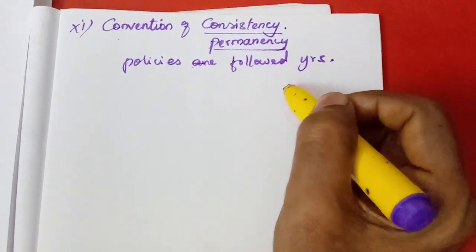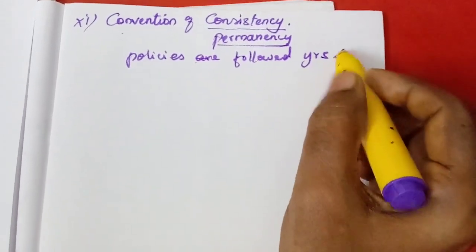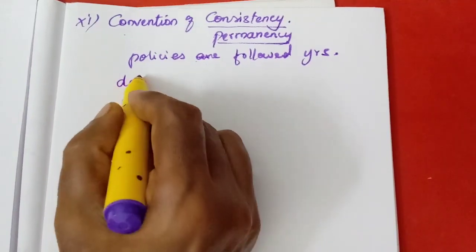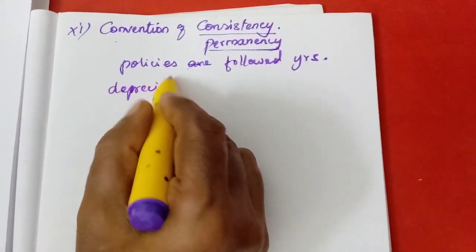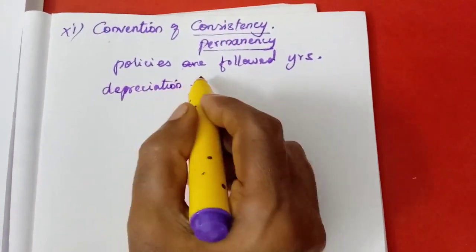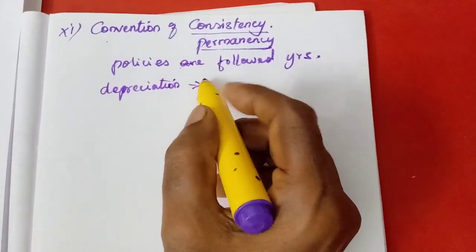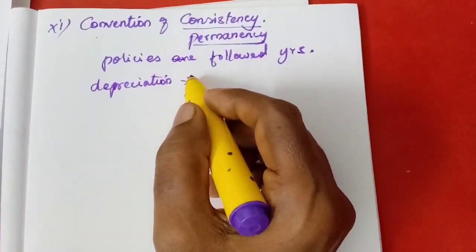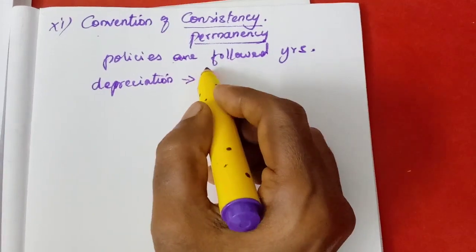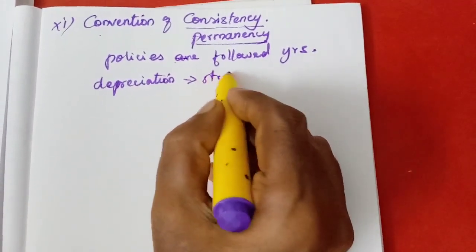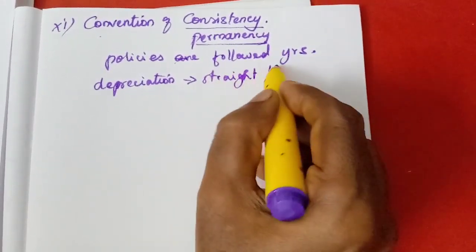For example, depreciation is deducted from the fixed asset under different methods of valuation. There is the straight line method, the diminishing balance method.